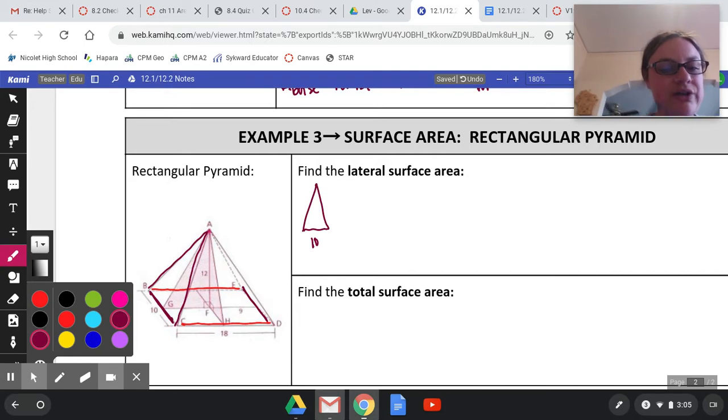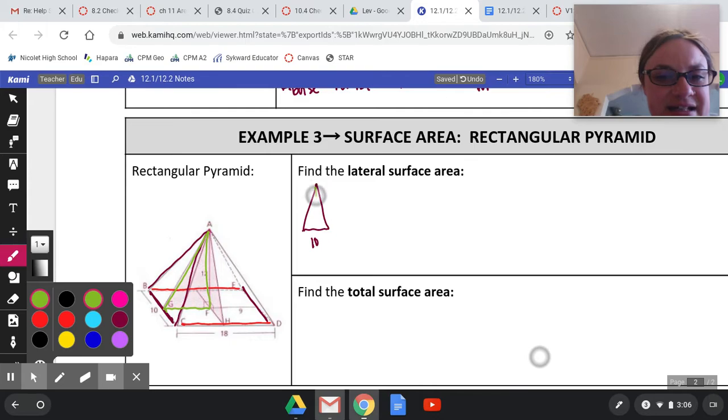So I am going to visualize in my head, and this is a little bit difficult to visualize, but if you picture a pyramid and picture someone being at that very top vertex, or the apex, and dropping something straight down to create this right triangle. So I've got this right triangle that goes through the middle of my pyramid.